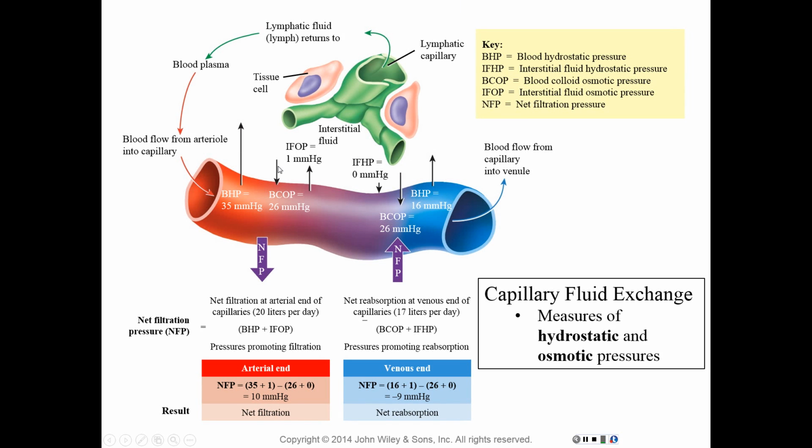So knowing that some fluid gets out here, we promote it at the arterial end, but really as we move through the area to the venous end, you see that then the pressure goes the other way. There's actually a force that is greater pulling in than pushing out, so we regain much of the fluid. What we normally need to do, though, is take a look at all the concepts or all of the factors that figure in.